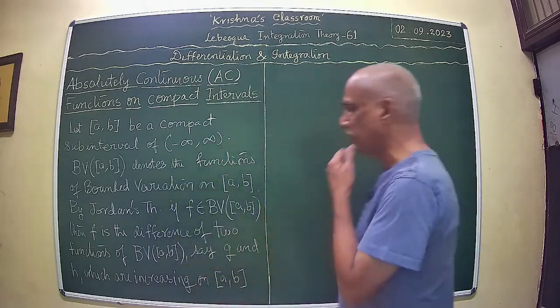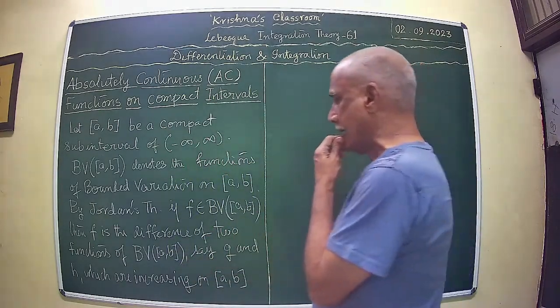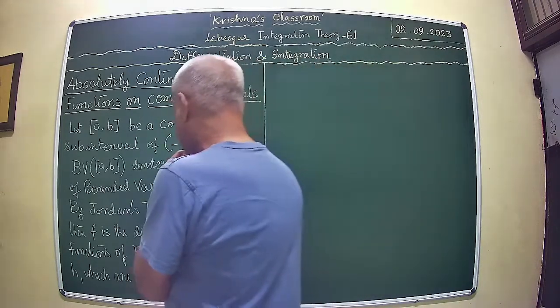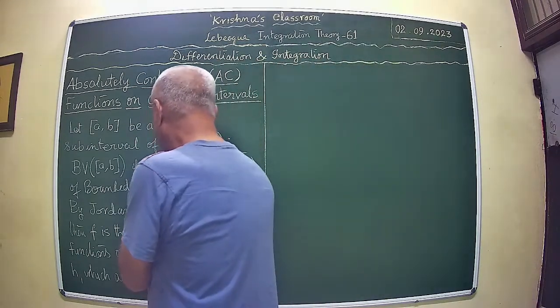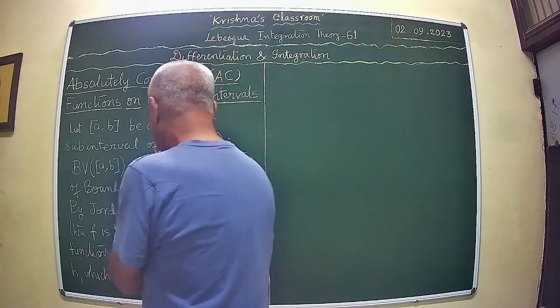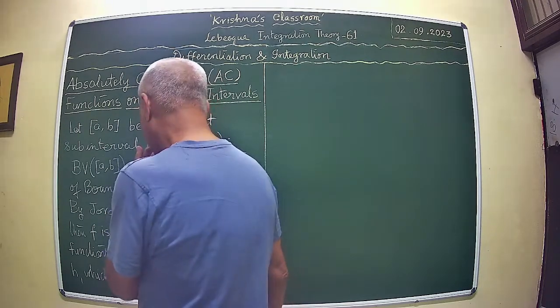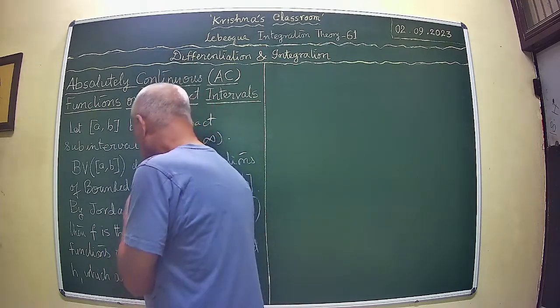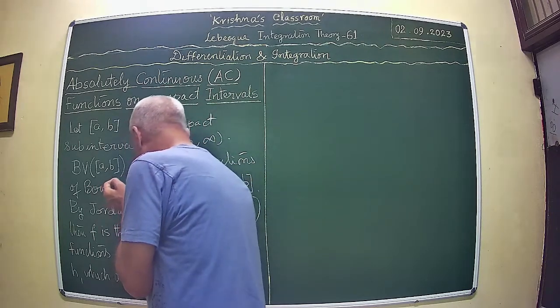This is what we have. So f is the difference of two functions of bounded variation, and G and H are increasing.